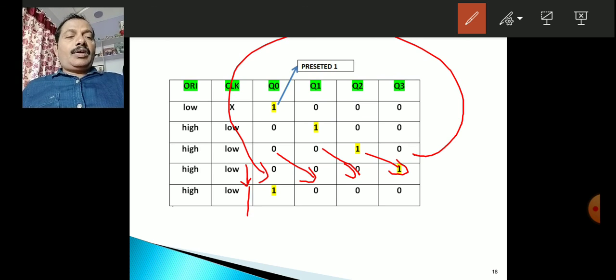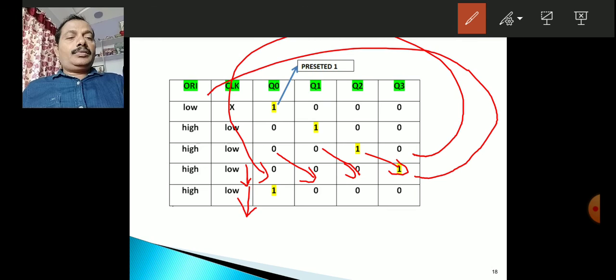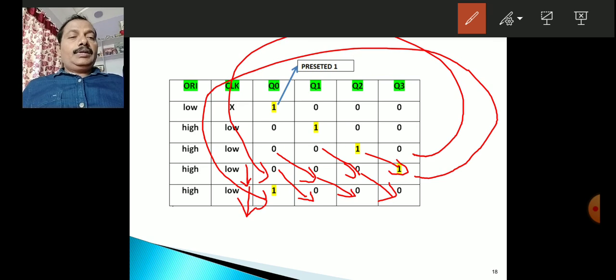In the next clock edge, this Q3 is shifted to here. Next, this 0 is shifted to here, this 0 is shifted to here, this 0 is shifted. Like this, the ring rotates left by one position.